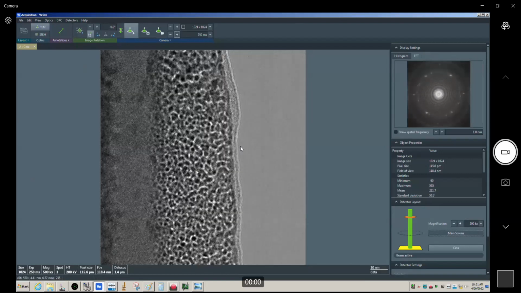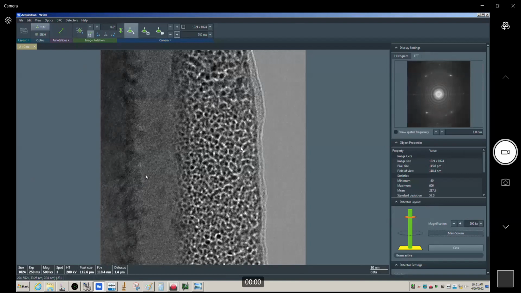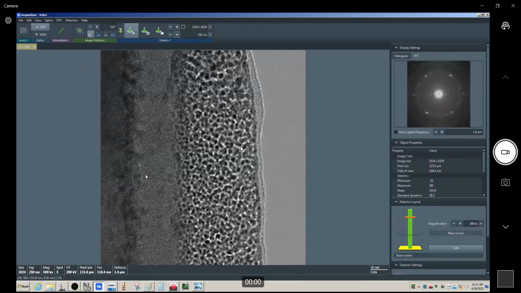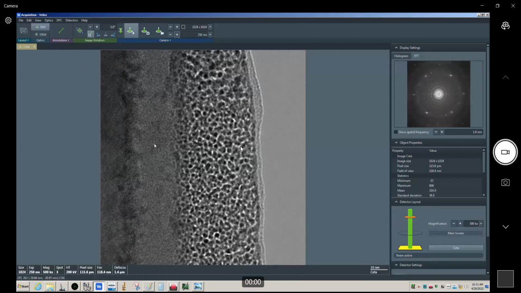All right, so I have a really good sample to demonstrate this next bit, which is over focus versus under focus. In order to determine this, you really need an amorphous signal in your picture. So we have an amorphous signal from this area here.